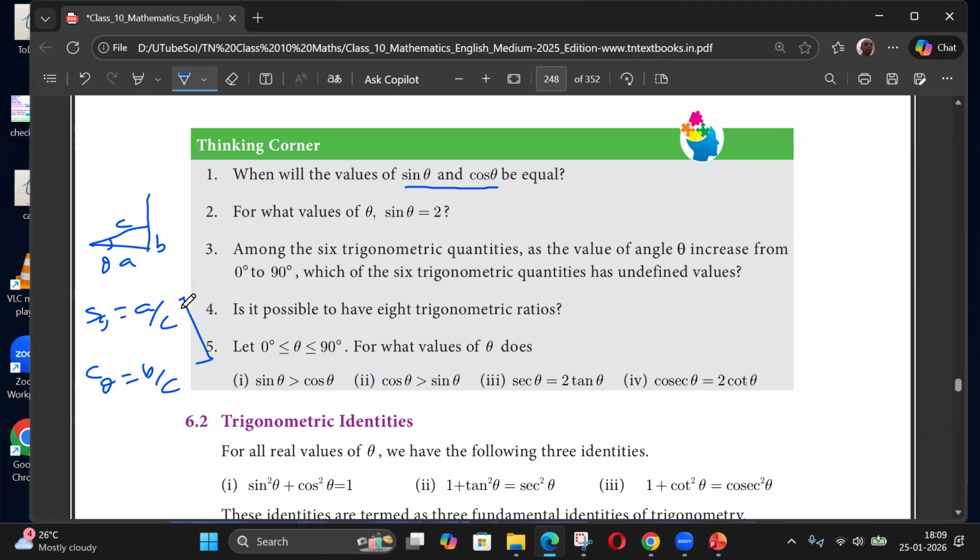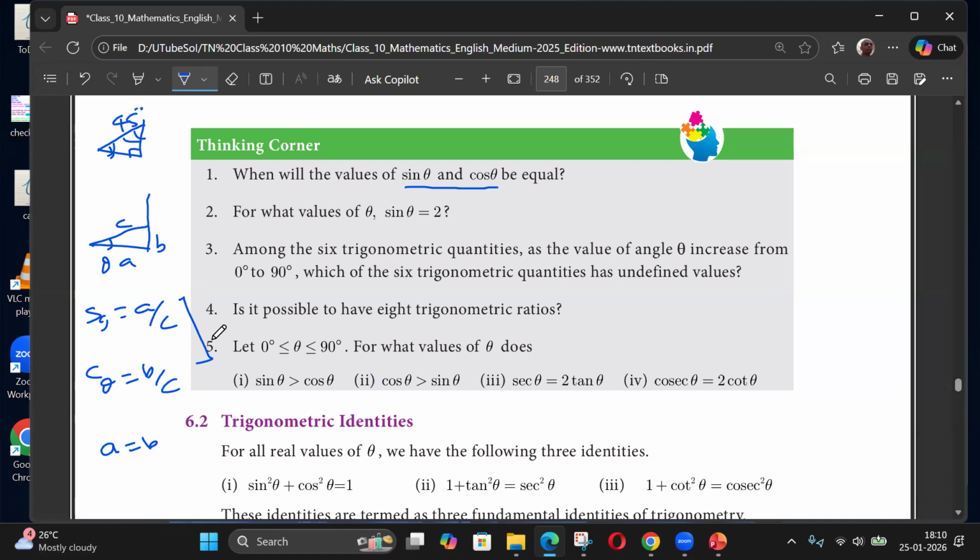The denominators are same, right? So that means A should be equal to B. So when A equals B, the triangle will look like this. This triangle should be symmetric because our opposite side lengths are same. So that means this angle is 45.